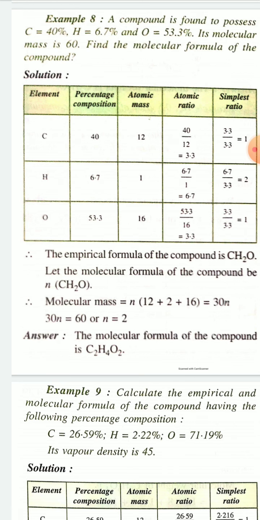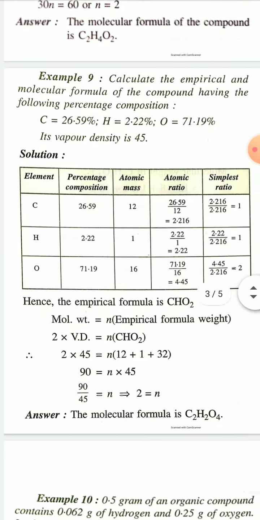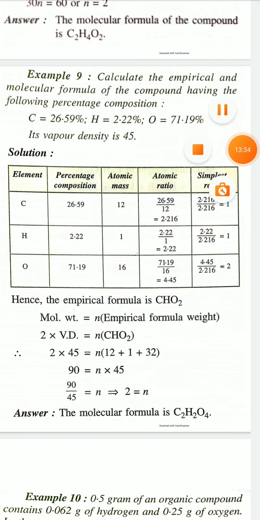Okay, now see example 9. Calculate the empirical formula and molecular formula of the compound having the following percentage composition: carbon is 26.59%, hydrogen is 2.22% and oxygen is 71.19%. And its vapor density is given as 45.